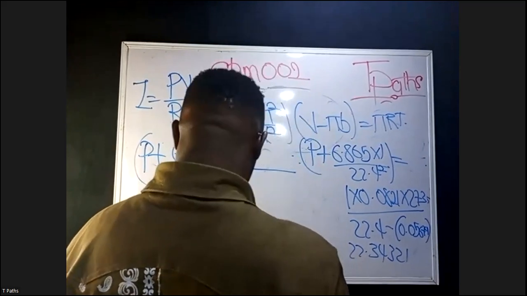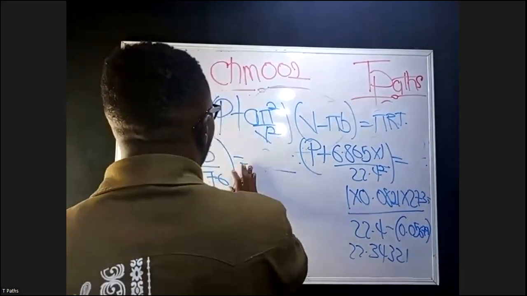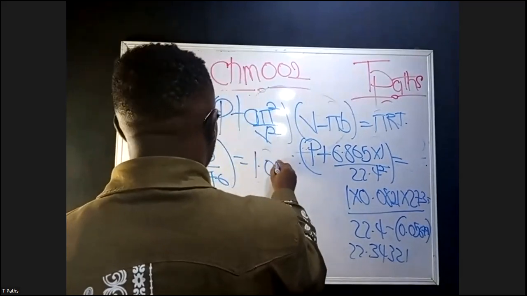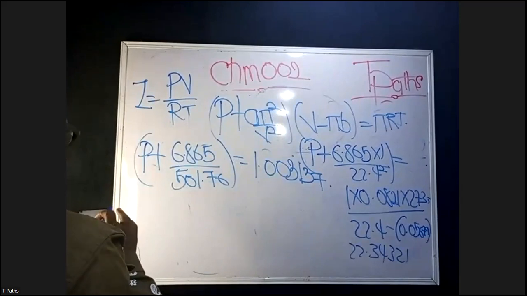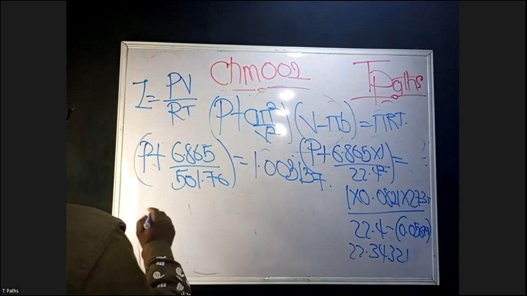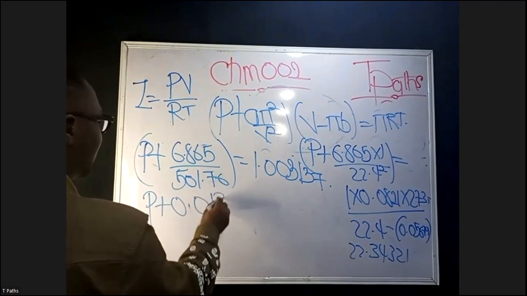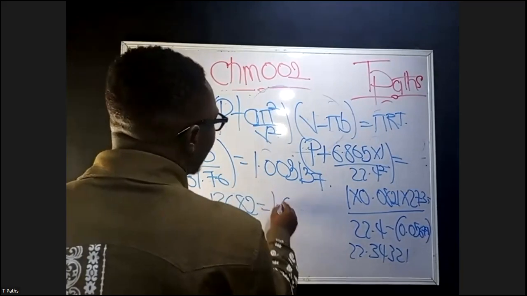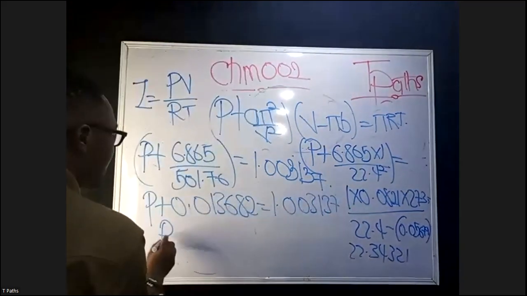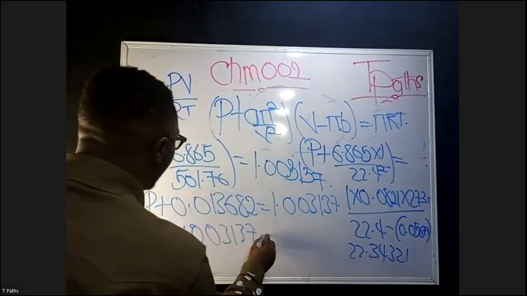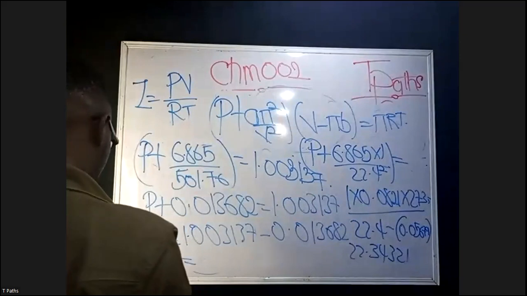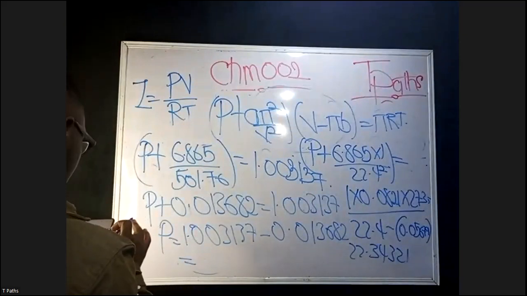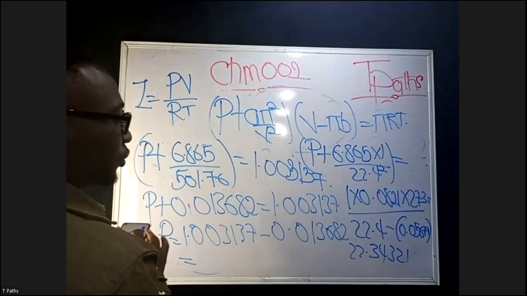So I have 1.003137. And 6.865 divided by 501.76 is 0.013682. So P plus 0.013682 equals 1.003137, so P equals 1.003137 minus 0.01368.